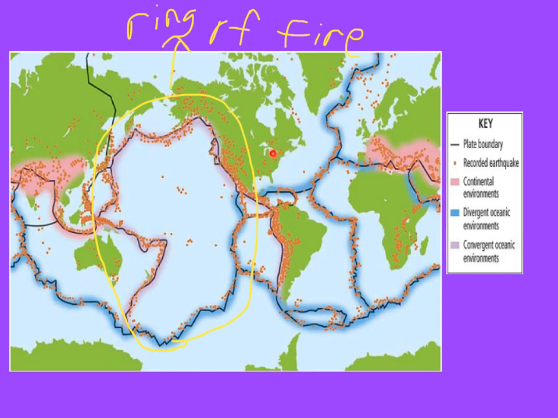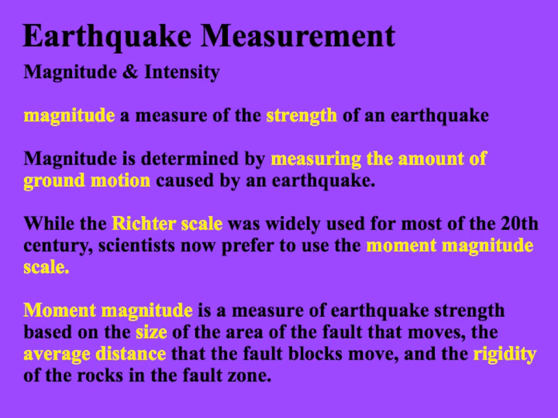So rocks could still be shifting and moving down deep in the earth. So every once in a while we get an earthquake. Nothing as devastating as they get in California along the San Andreas Fault or in some of these other areas. There was that big earthquake that hit Haiti, which is right over here, a while ago. Well, we got a bunch of plate boundaries right in here as well. So earthquakes and plate boundaries kind of go together.